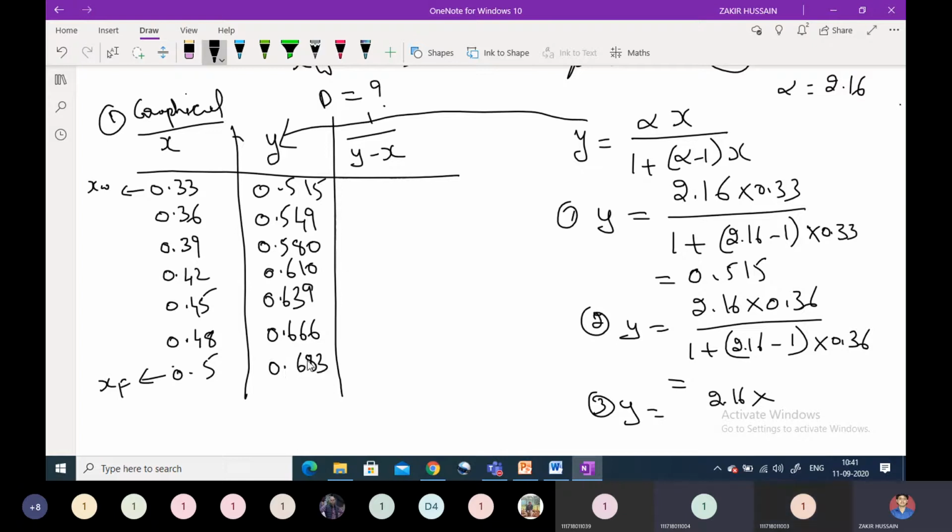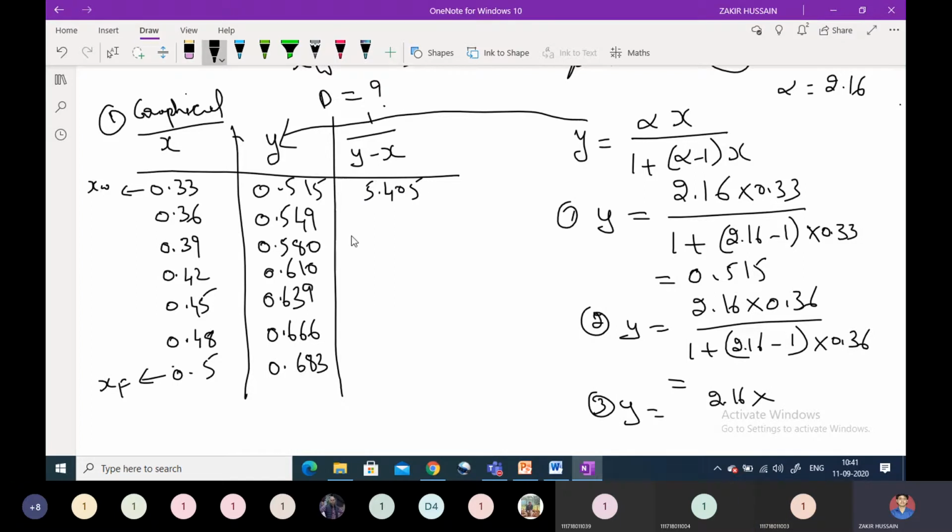Then for these data points, we have to calculate 1 by (y minus x). So 1 by y minus x is 1 divided by (0.515 minus 0.33). You will get around 5.405.